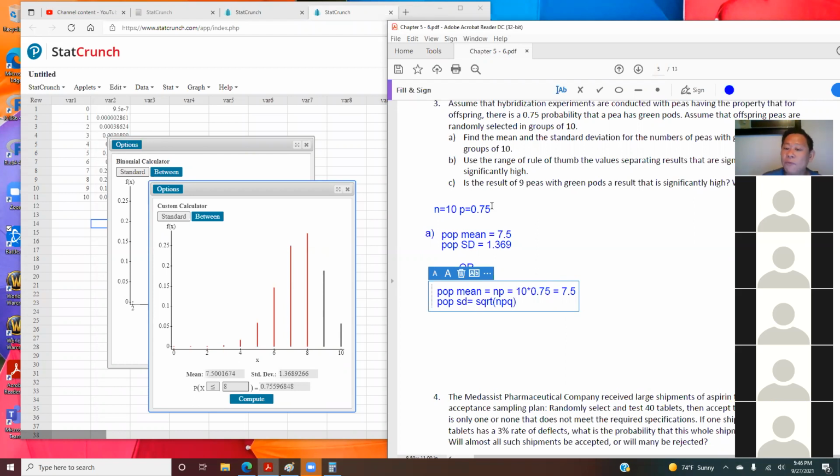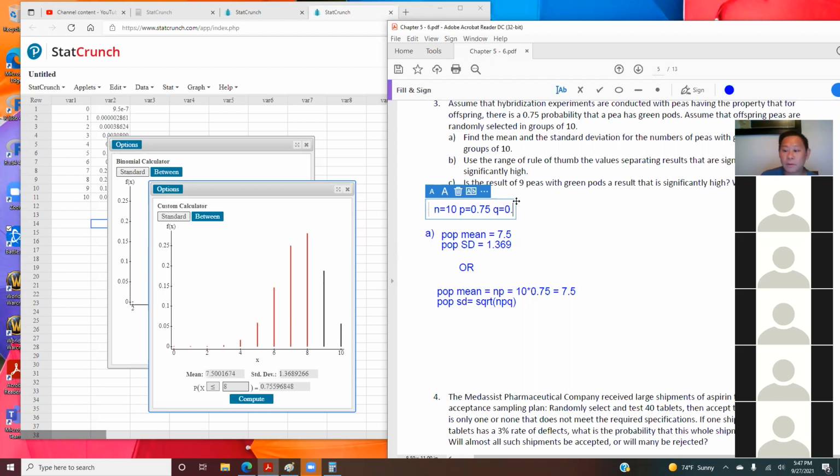Now, as you know, if your p is 75% or 0.75, can someone tell me what q is? So 75% says green, so what percent is not green?